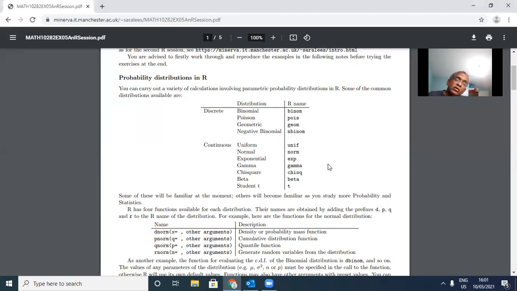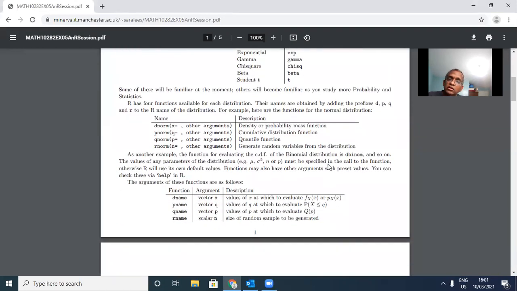Right? Okay, now what I'm going to tell you is about this table here, the bottom of page one. Now, for every distribution, you can use one of these commands. For example, you should say D followed by the name of the distribution. That will compute the density of the distribution, right? Or the density values, either the PDF or the PMF, right?